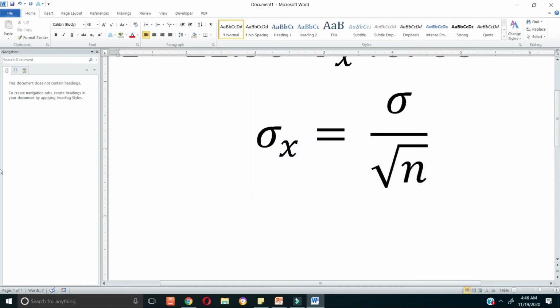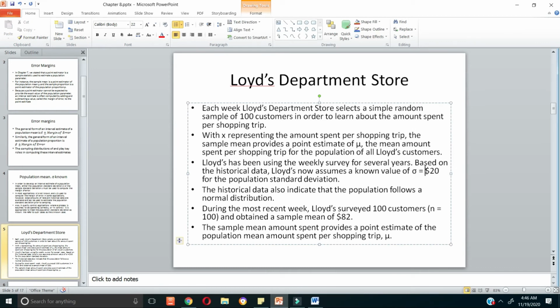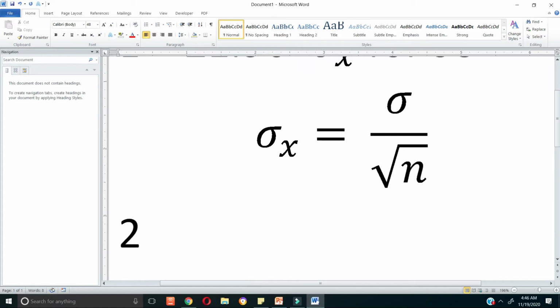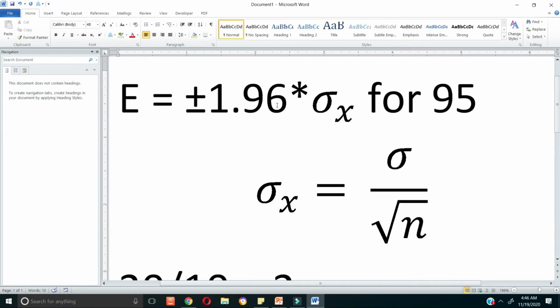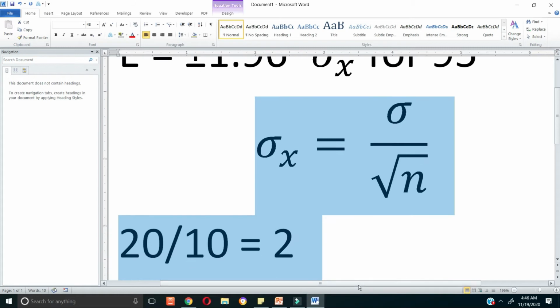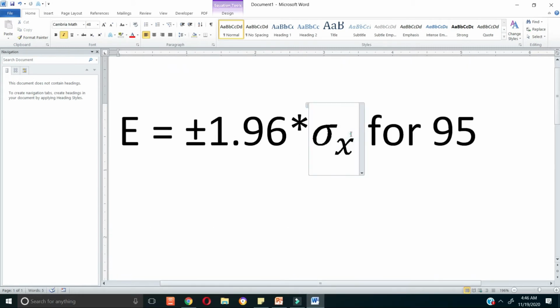Sigma in our case is already given to be 20, and we know n is 100, so root n is 10. So sigma x is actually 2. If we substitute in this equation, we know that 95% of our values are within plus or minus 2 times 1.96.